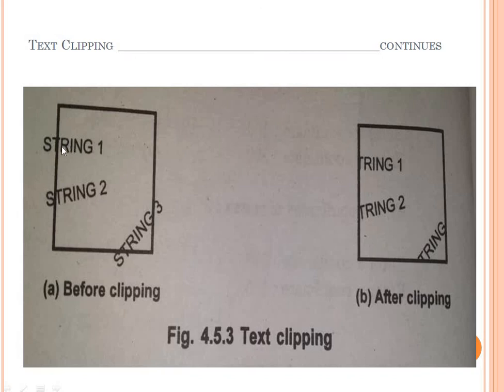This is the R; in this R we check only the pixels of this R. In I, we only check the pixels, and if the pixel is completely inside the clipping window, then it is accepted, otherwise it is rejected. In this string, this portion is inside the clipping window, so these characters are displayed as a result.